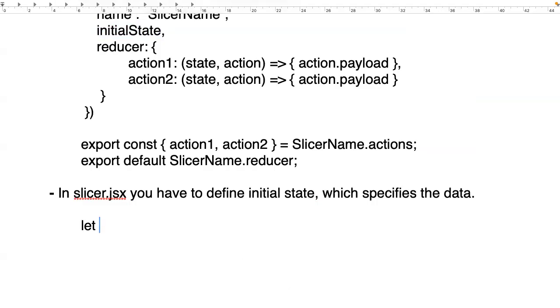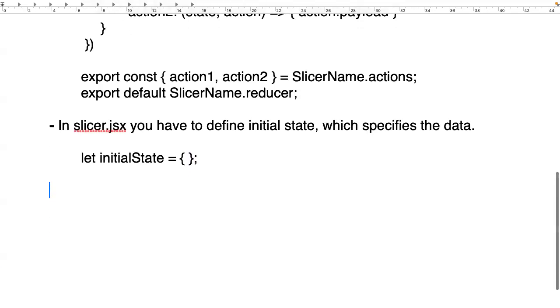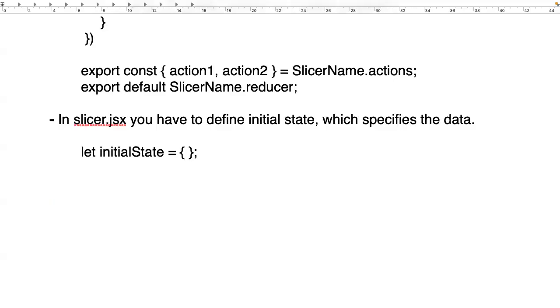That means let initialState be equal to whatever data you want to manage. You have to mention the data. You have to define the initial state and actions. All these we have to do. What does the initial state contain? What data you want to manage, that you have to define.